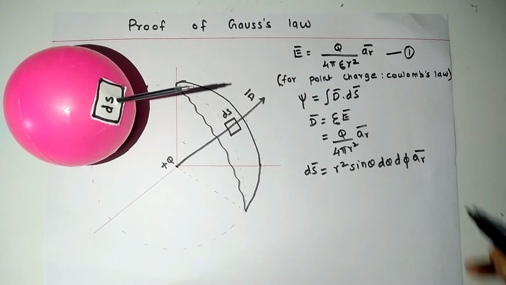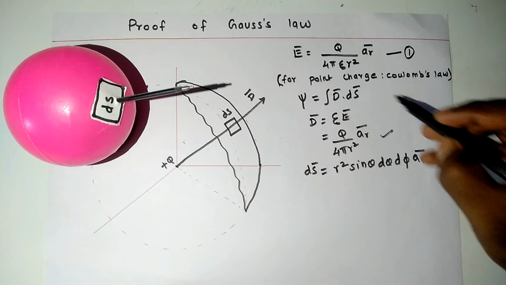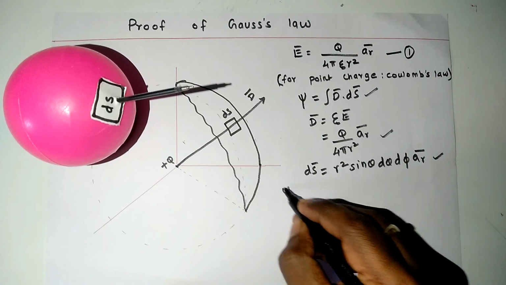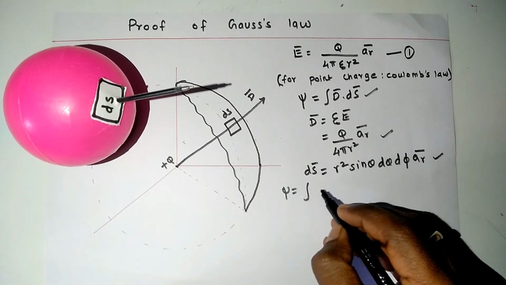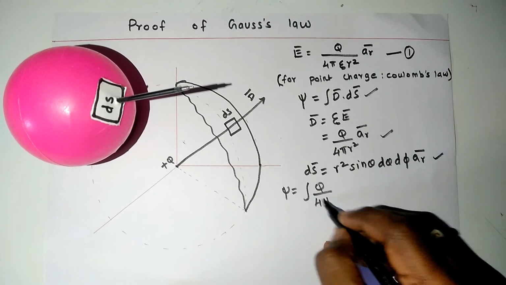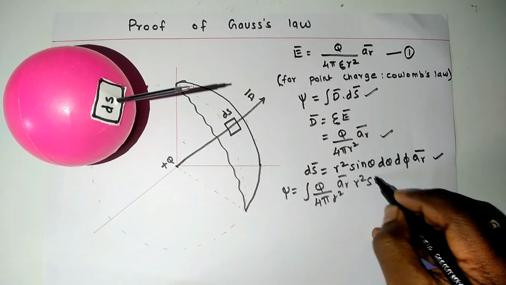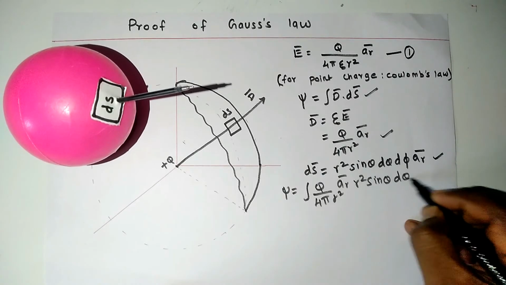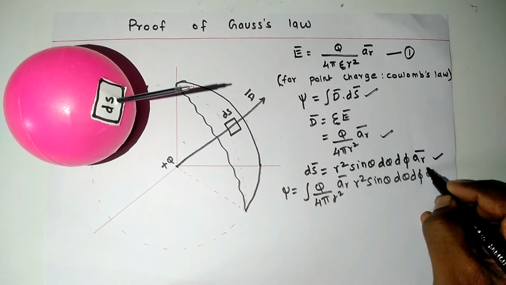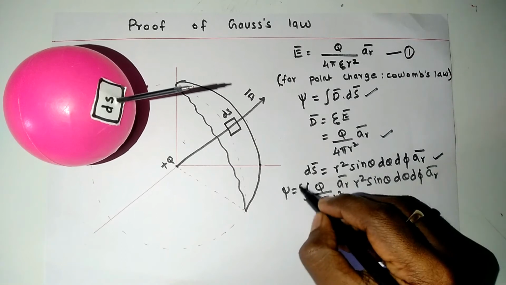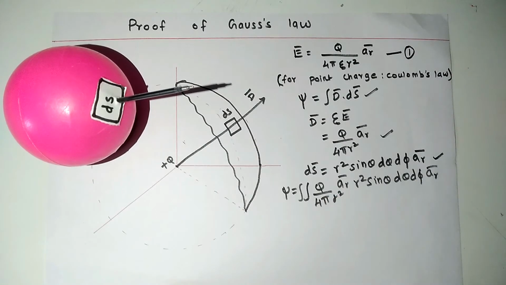Now we shall substitute this value here. So psi will be equal to integral Q by 4 pi r square ar vector, r square sin theta d theta d phi ar vector. As it is a surface integral, we have to use a double integral. R square cancels.